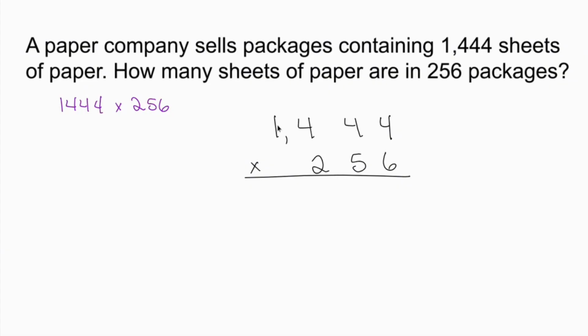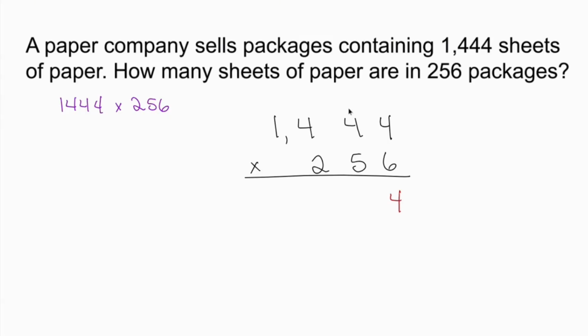Now we are multiplying a 4-digit number to a 3-digit number. Start out with your number on the bottom and go to the number in the ones place value. Multiply that to every number up here going right to left and knowing you're probably going to have to carry over. So 6 times 4 is 24.